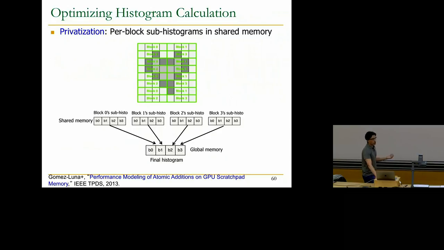We are improving the performance here because we reduce the latency of the shared memory access. The shared memory is closer than the global memory, so if we perform the atomic operations on the shared memory, that will be faster than going to the global memory, and also because we are reducing the amount of conflicts. We have a smaller number of threads wanting to update the same histogram bins.